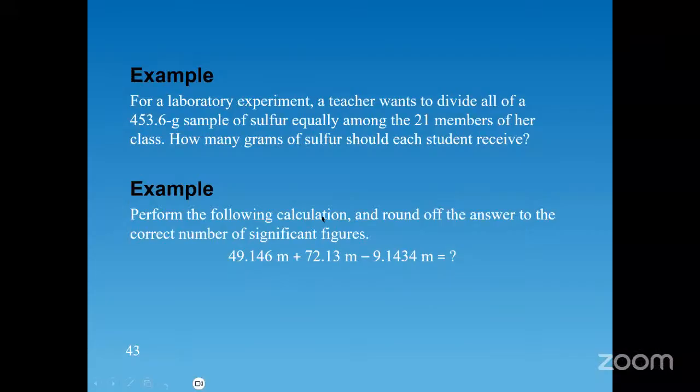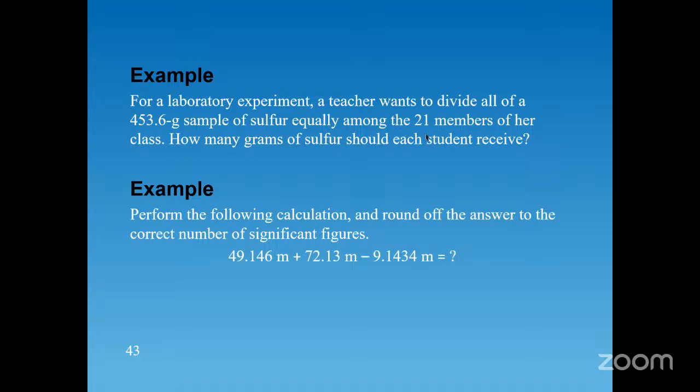Let's look at a couple of examples. The first one says a teacher is trying to do an experiment with his or her students. And in order for this to be done, oh, it's a her, okay. So in order for this to be done, she has to divide this much sulfur among all her students, and the number of students will be 21.